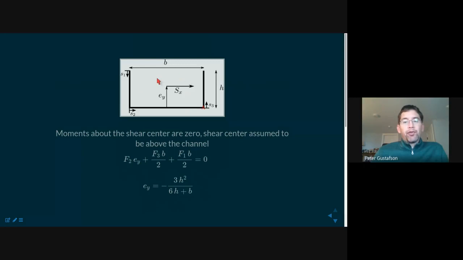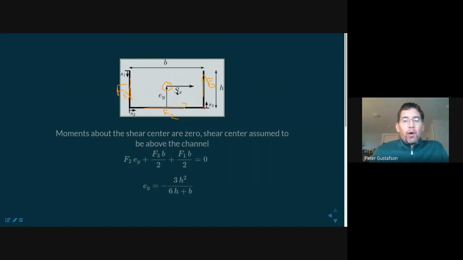And so I can still do the same calculation. That is, I'm going to calculate the moments about the shear center, but now the shear center is assumed to be in this location right here. Keep in mind, of course, the forces. I should go ahead and draw these on here for the sake of discussion: F1, F2, and F3. Of course, they were assumed to be in the direction of the S coordinate systems. So I can again calculate the moment about this location.